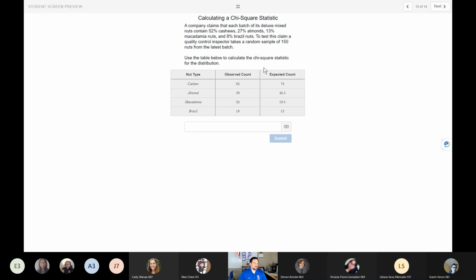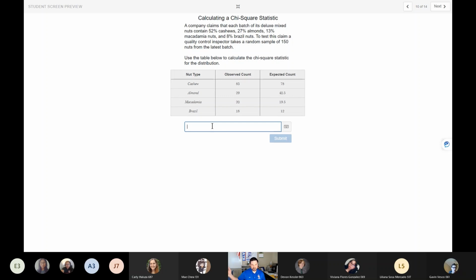We have our observed and expected counts in our table here. You will type just the chi-squared statistic value in this entry window. You do not need to put the whole calculation or chi-squared equals. I just want the number, rounded to 3 decimal places.